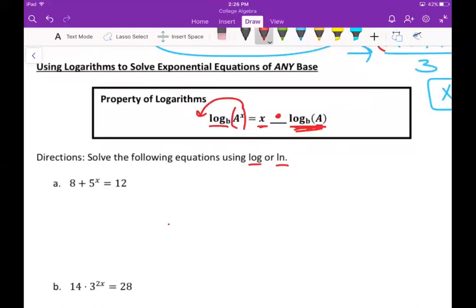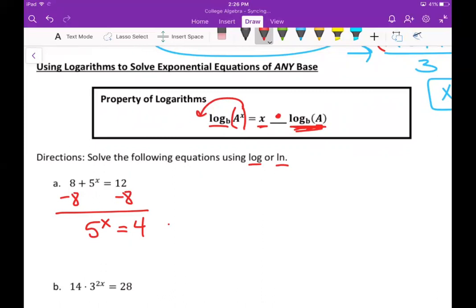I'm trying to get that exponent down, but I don't want to take the logarithm yet, because my exponential term isn't by itself. We have to have the exponential term alone, so we subtract 8 to do that. That means we've got 5 to the x equals 12 minus 8, which is 4.